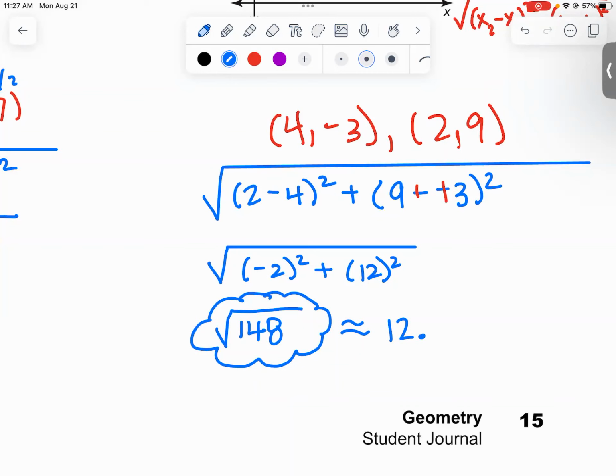So we have this button right here. You're just gonna put square root and then type in 148 and hit equals. Why is it giving you that? Mode. Okay, I'm gonna have to play with that in a little bit.